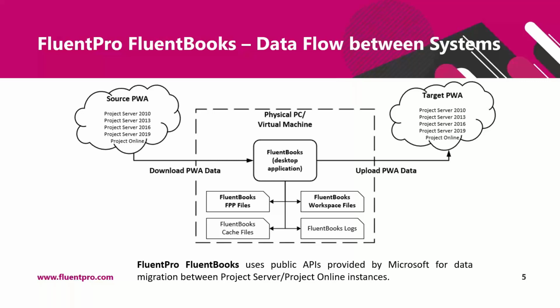All data that was downloaded from the source system, as well as the files generated by FluentBooks during migration process, such as logs and cache files, comparison reports, all this data is stored locally on the machine where FluentBooks is installed. During download and upload process, all data is encrypted with the latest TLS protocol.